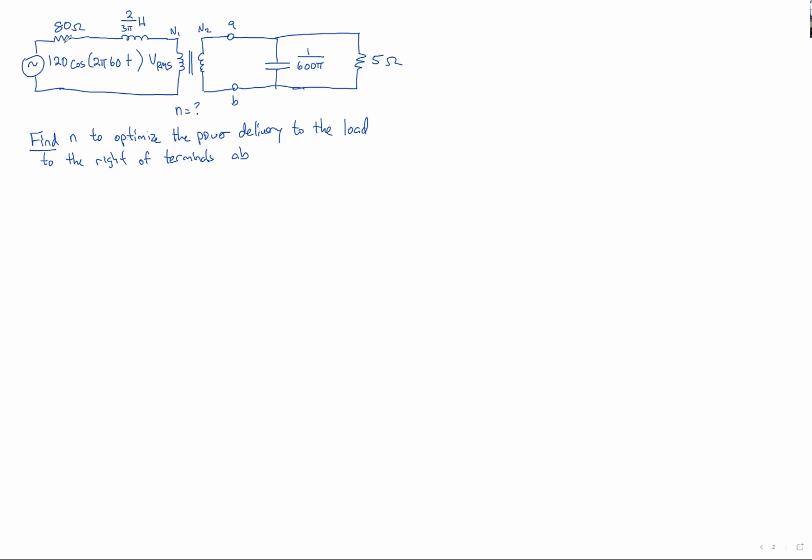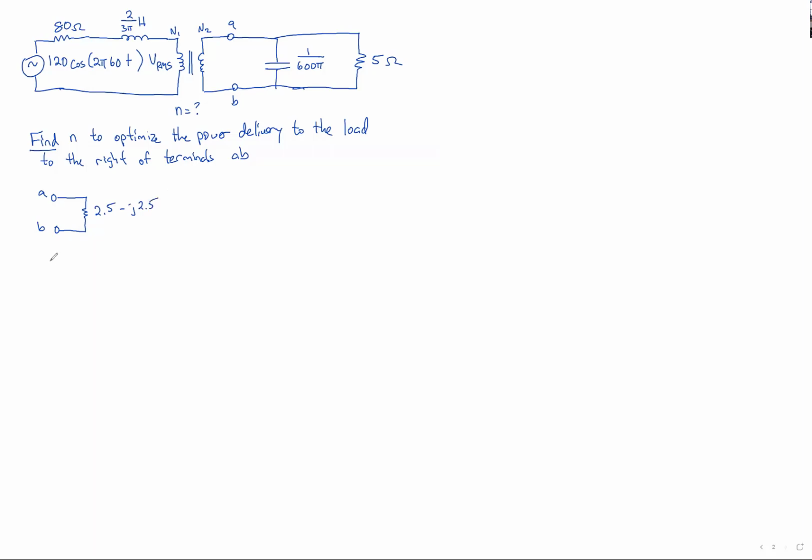So this sounds like a very complicated problem, but since we solved the previous one, it's actually not bad at all. We already know that everything to the right of A and B, that capacitor in parallel with the resistor, has an equivalent impedance of 2.5 minus j2.5 ohms.